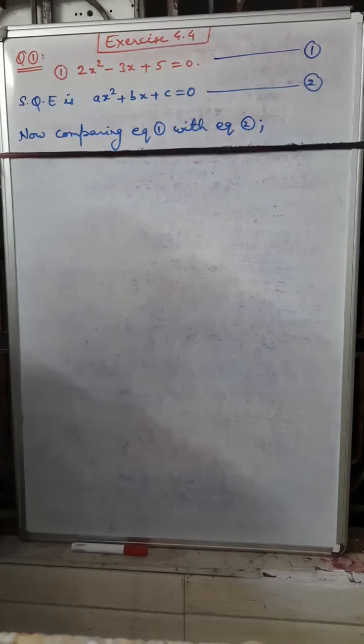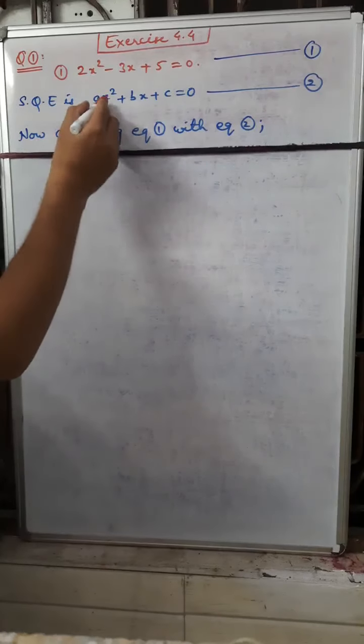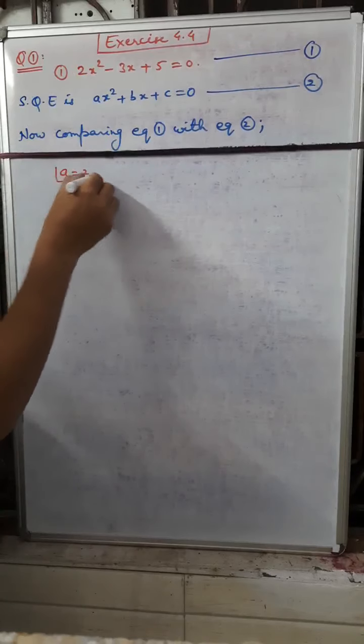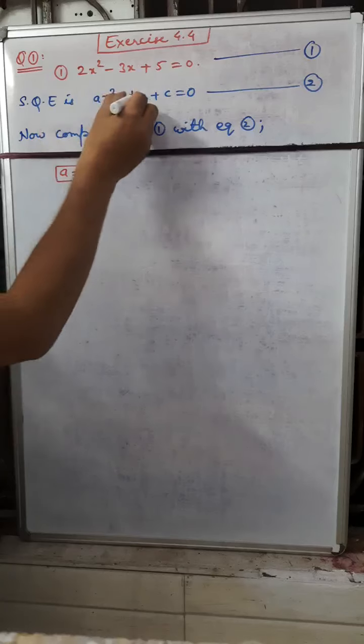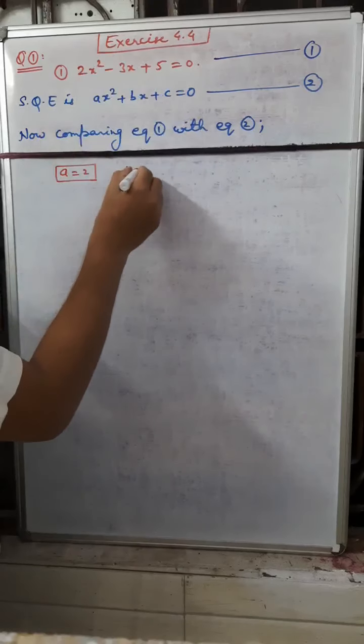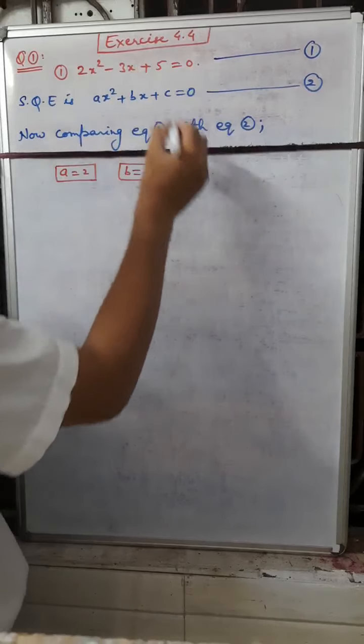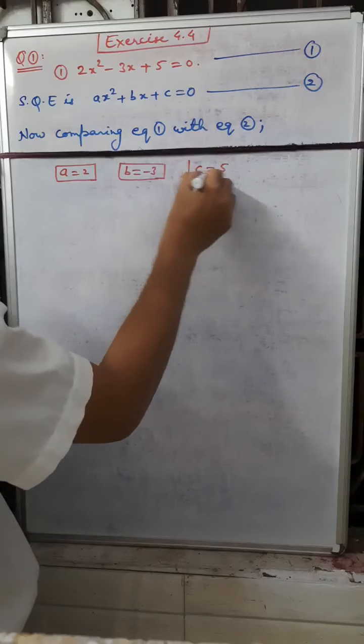The coefficient of x square is a, so a will be 2, like the previous question. Next, b is equal to minus 3, the coefficient of x in both the equations. Now see, the constant c is equal to 5.